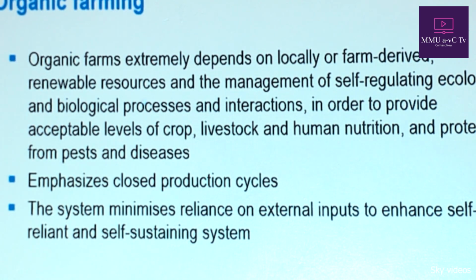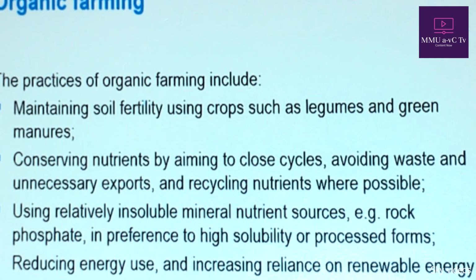Organic farming practices include maintaining soil fertility using crops such as legumes and green manures, conserving nutrients by aiming to close cycles, avoiding waste and unnecessary exports, using relatively insoluble mineral nutrient sources such as rock phosphate in preference to high solubility or processed forms, as opposed to synthetic fertilizers which are less soluble.